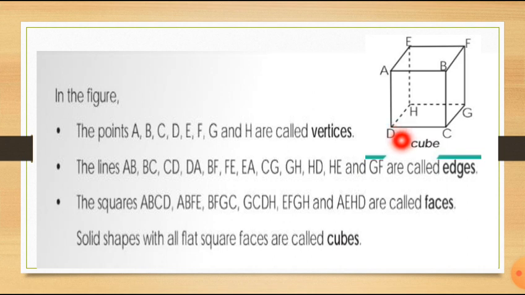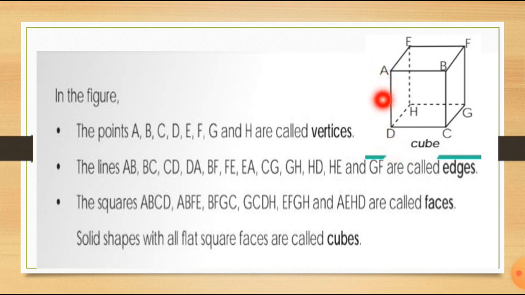Okay, so here the vertices are A, B, C, D, and E is a vertex, F is a vertex and G is a vertex and H is another vertex. So, these all are the vertices of this cube. Now, edges means sides.